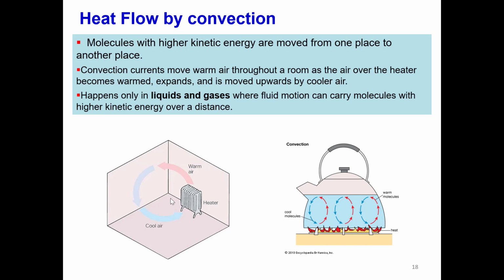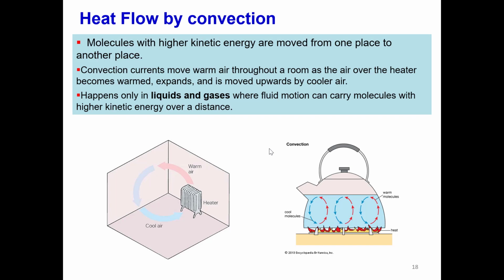The same happens when we are boiling water. The water that becomes hot, the molecules that have more energy, are moved up by the cool molecules. Then this process repeats again and again until the water is boiling, for example.